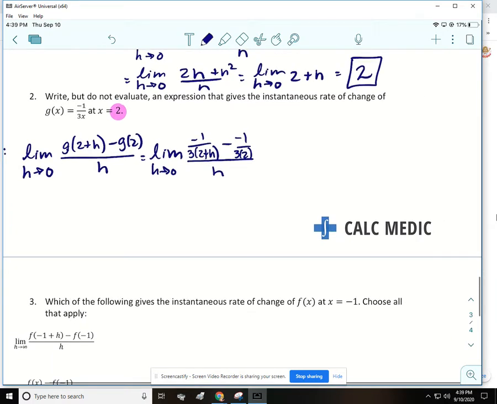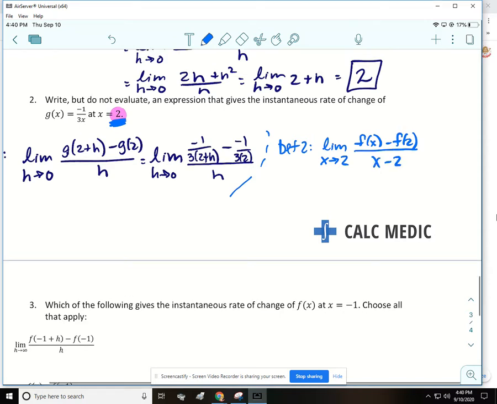I'll do the same thing for definition 2. On definition 2, it's different. It's the limit as x approaches whatever value of x we want, our anchor point, which is 2, of f of x minus f of 2 over x minus 2.